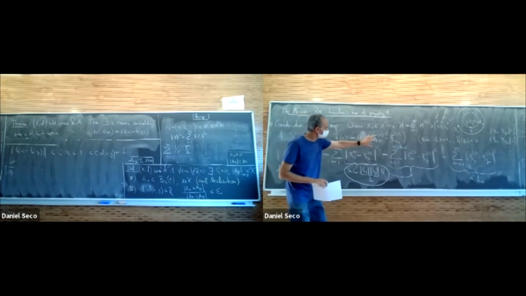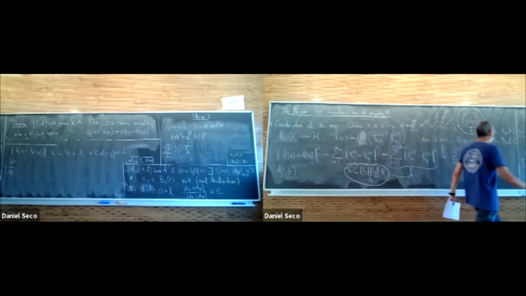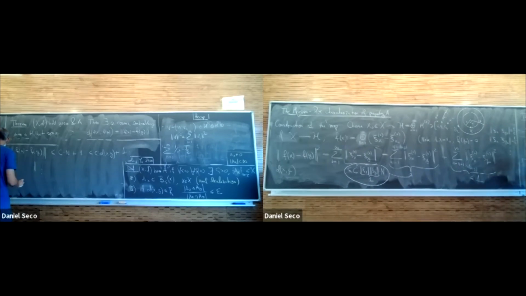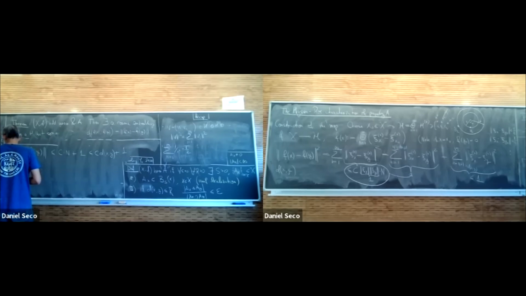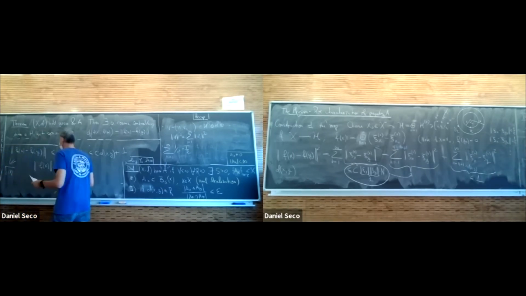And why do I have to subtract these vectors too? Well, in particular, to get that the norm of f of x is smaller than or equal to something.